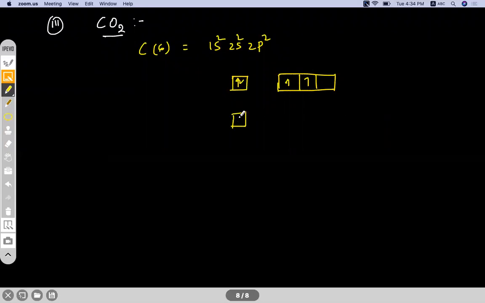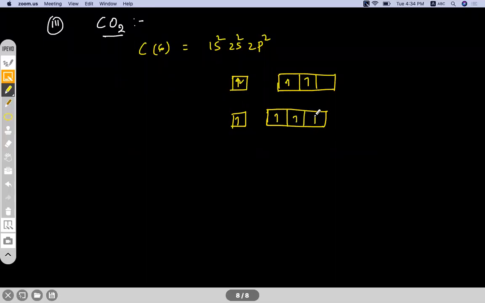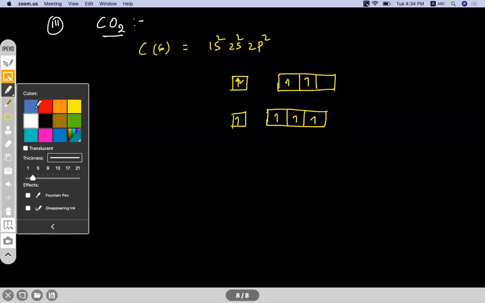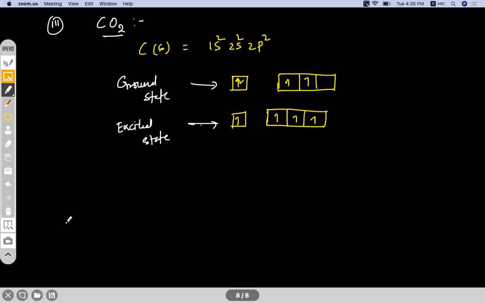One electron from 2s jumps into 2p, and we get 4 unpaired electrons. So this one is the ground state, and this is the excited state.